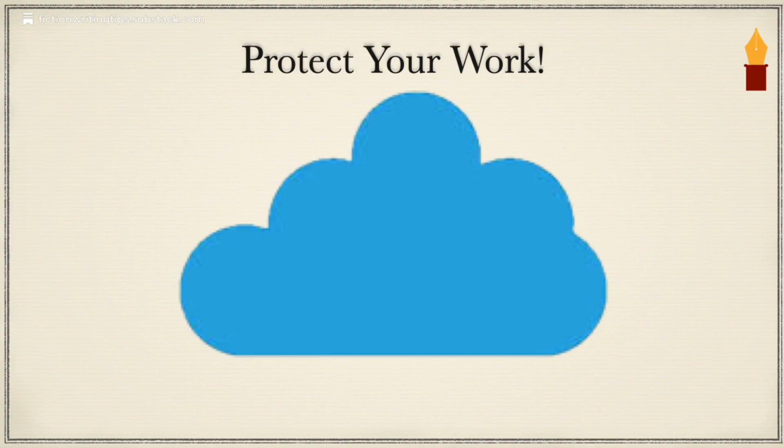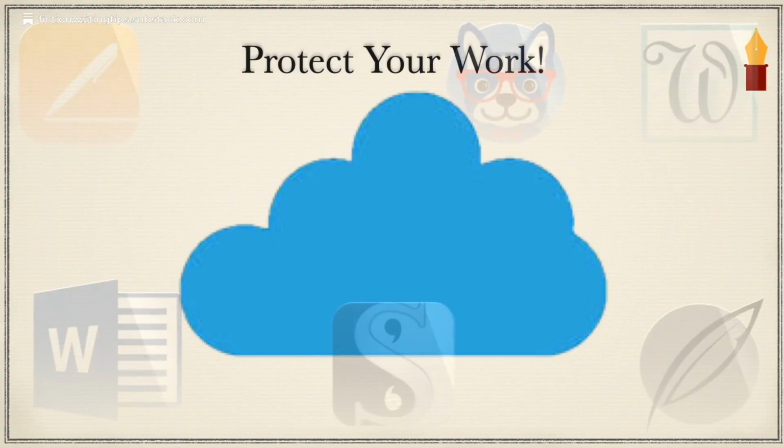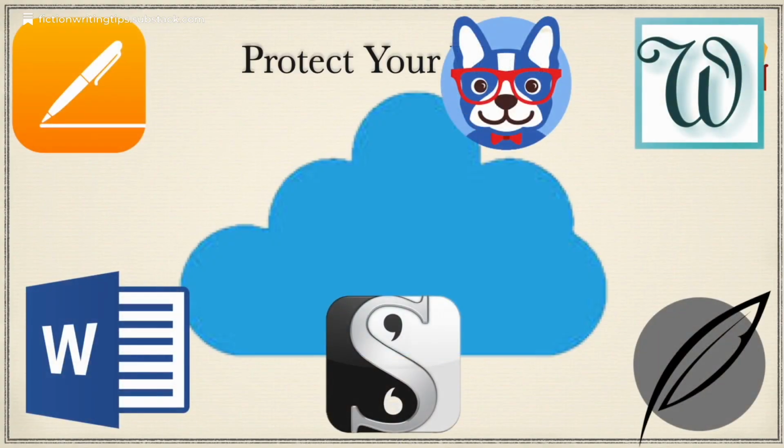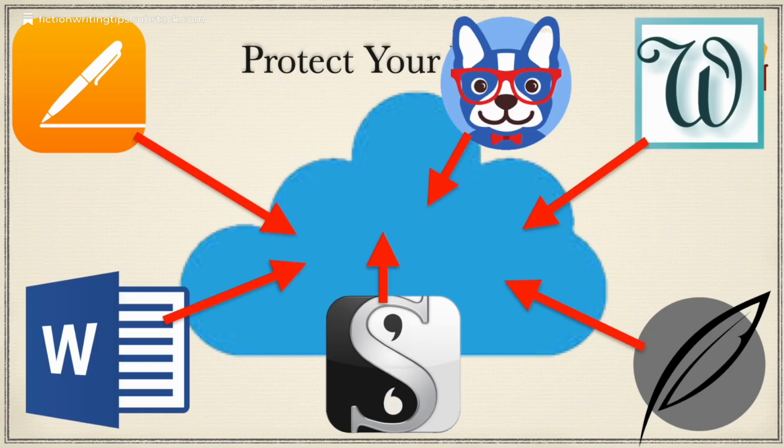Once you have your manuscript saved to a cloud app, it should update all of your changes automatically to the cloud, so if your computer loses its mind, you can always download your most up-to-date manuscript to a new computer. Writing software should always be used with cloud storage to ensure that you don't lose any of your valuable manuscript.